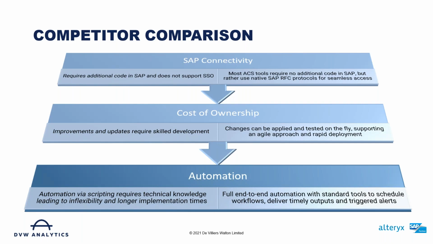The beauty of Alteryx is, as it mentions here, we can apply changes and test on the fly. We can apply a much more agile approach. Therefore, deployment is much more rapid. We fail fast, and therefore cost of ownership tends to be much lower. And as we've said, we move forward much quicker.